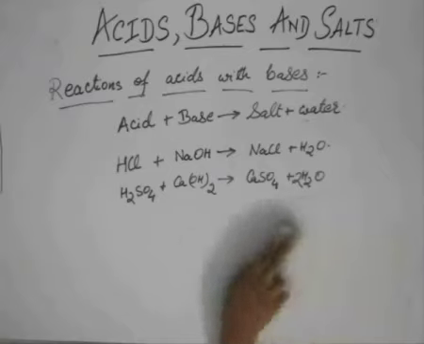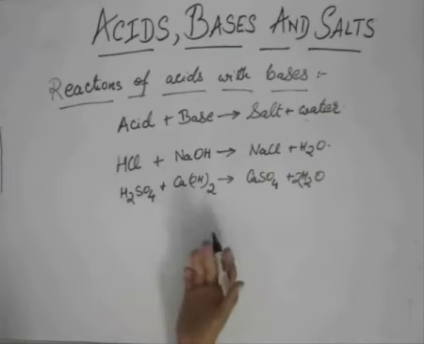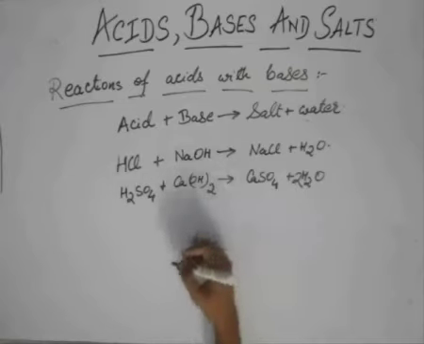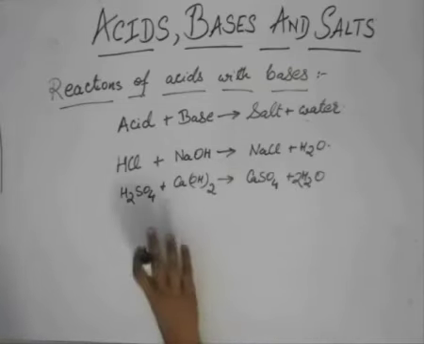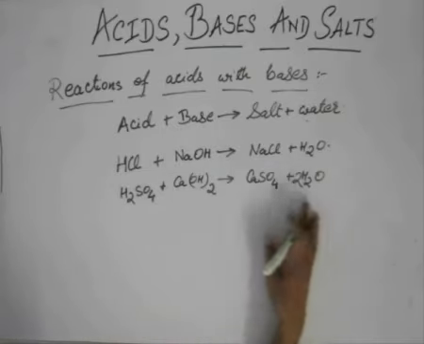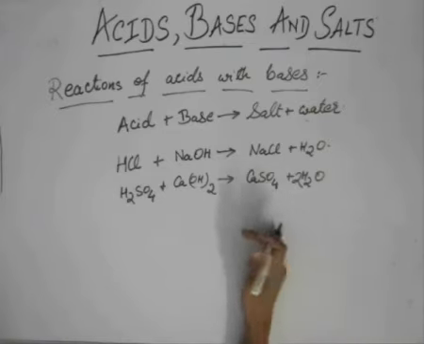So if you have any confusion about this acid and base reacting, just ionize them, take out the ions, and then with the H+ and OH- ions just form water, and the remaining which you get is your salt. As simple as that.